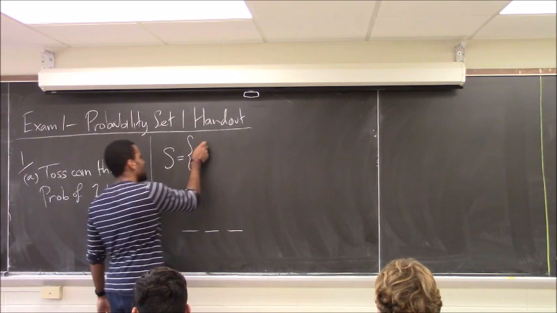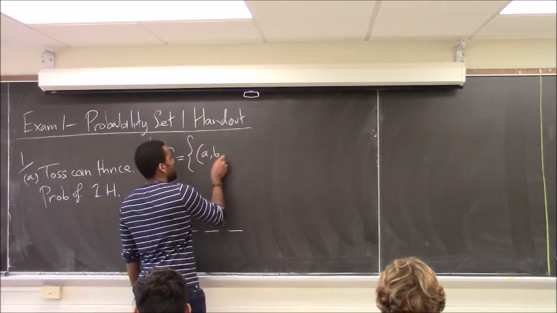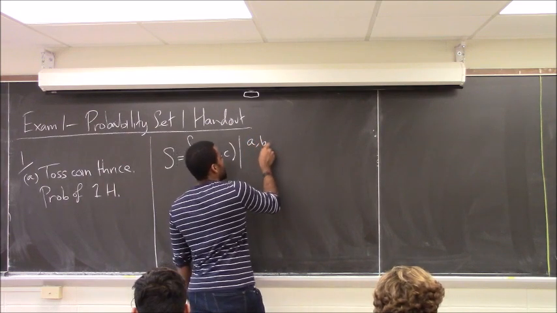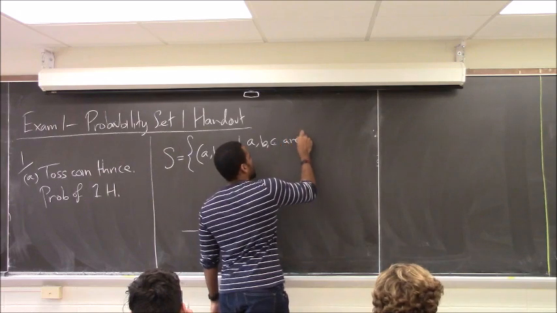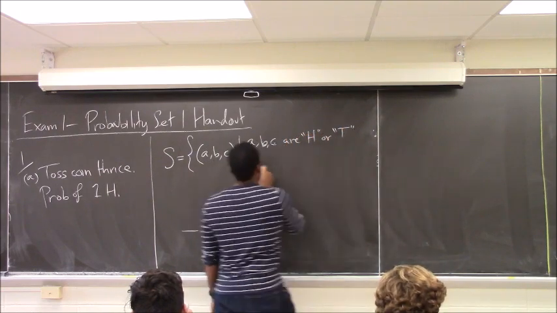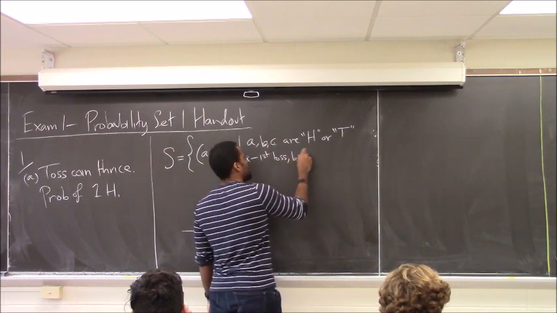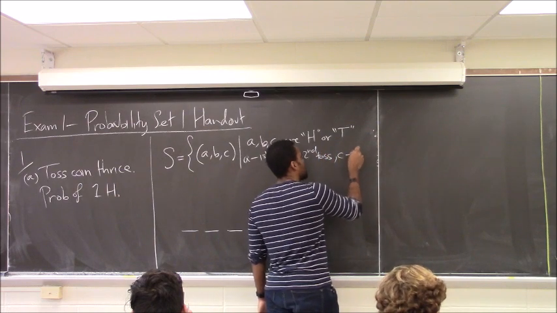Well, you can probably do a set of coordinates, right? Like (A, B, C) such that A, B, C can be H or they can be T, and A is the first toss outcome, B the second toss outcome, C the third toss outcome.